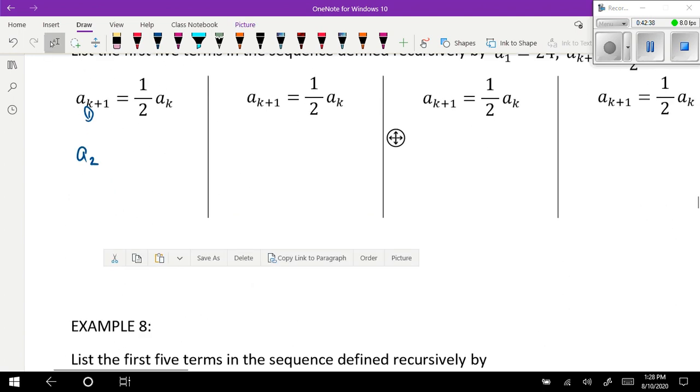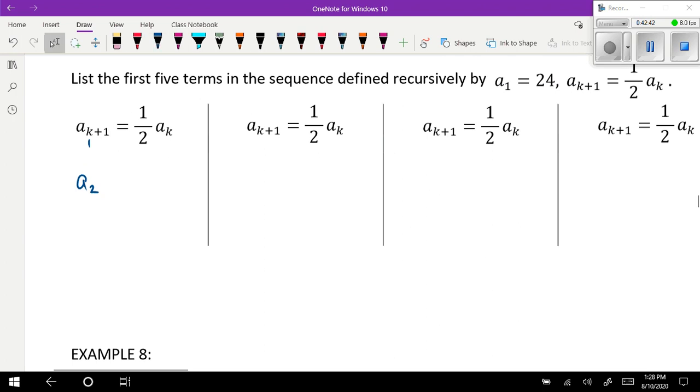And if k is equal to 1, I can do the rest of this problem. So that means I'm going to have to do 1/2 of a sub 1. So a sub 2 is 1/2 of, and a sub 1 was given to me as 24. Half of 24 is 12.